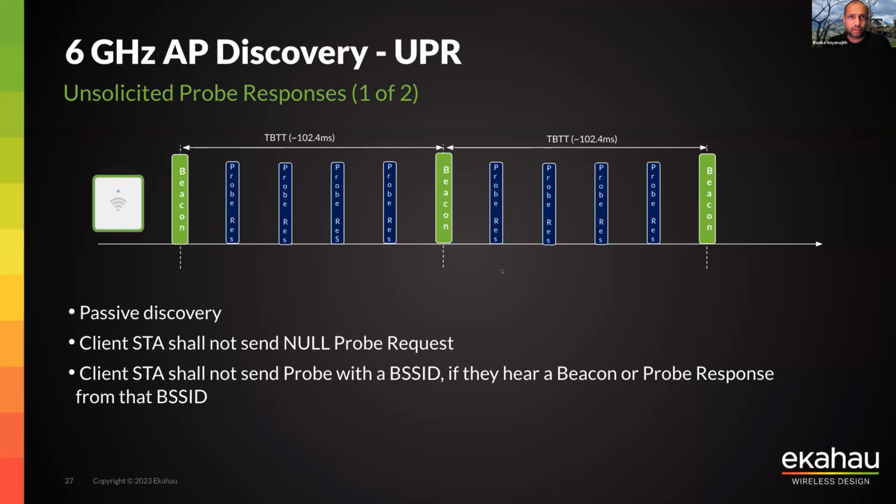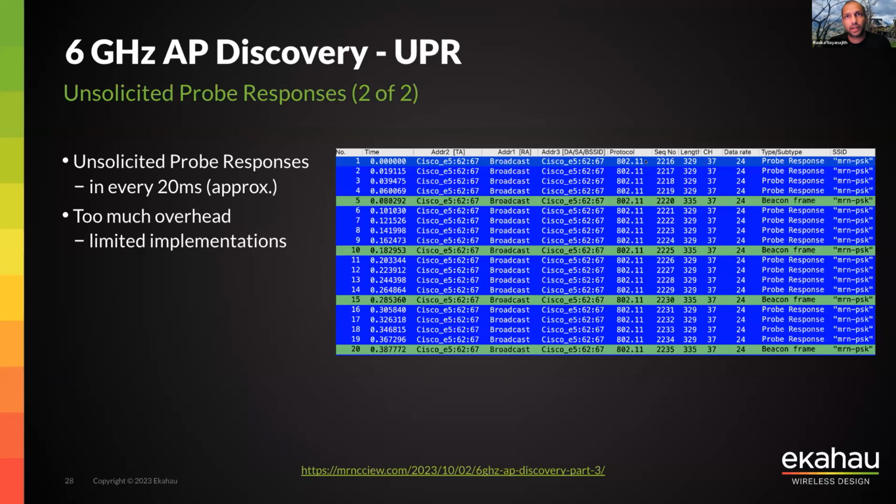Just to show the packet capture of that method, you can see my beacon frame is 335 bytes. The probe response is 329 bytes, very similar to the beacon frame. Effectively, we are sending a beacon every 20 milliseconds, so the management overhead will be very high. That is why we do not prefer that method, but technically you can use it.